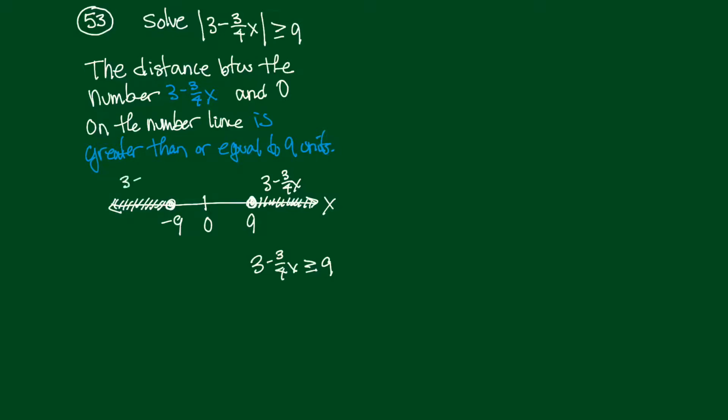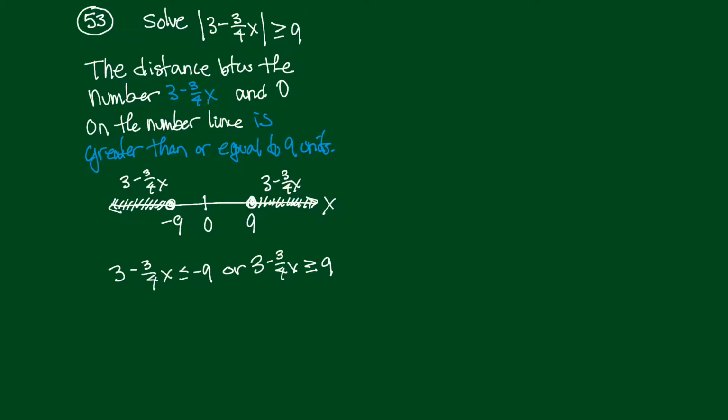So you could put that 3 minus 3/4 x anywhere out there. And then what does that tell you? Well, this number is to the left of that number. So we can write 3 minus 3/4 x is less than or equal to -9. So we can get that one or this one.